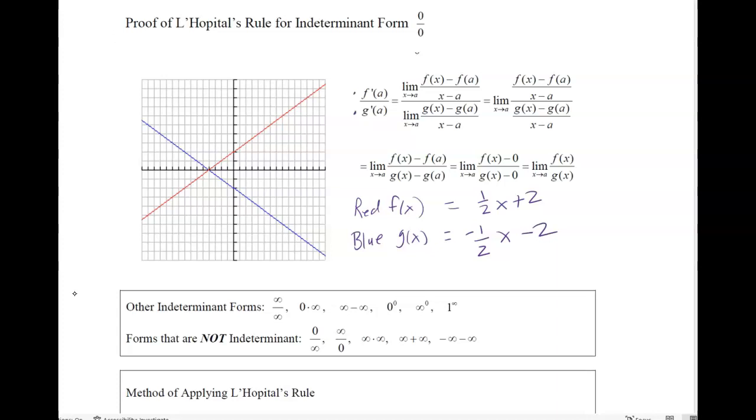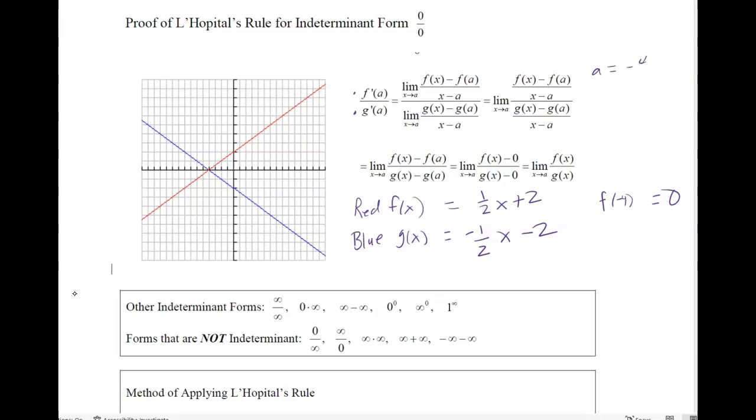Now, if I look at f of negative 2, for both of these functions, I get 0. Sorry, not f of negative 2. It should be f of negative 4. Let me fix that. f of negative 4 is 0. So in our example we're going to do here, our a is negative 4.